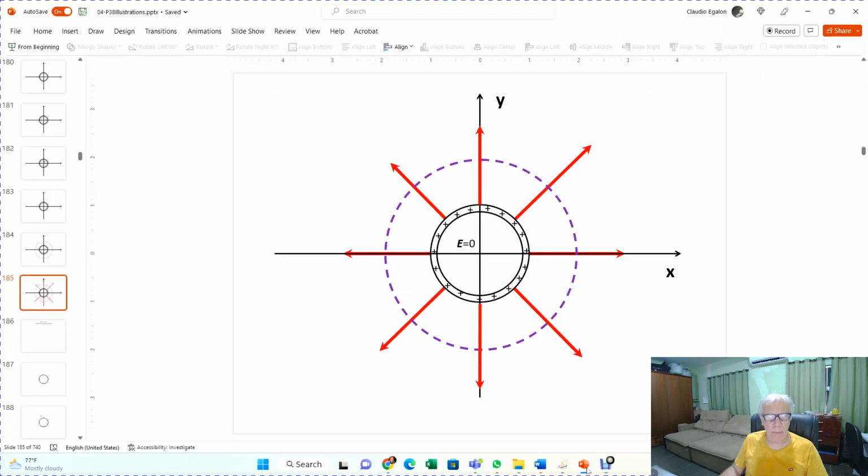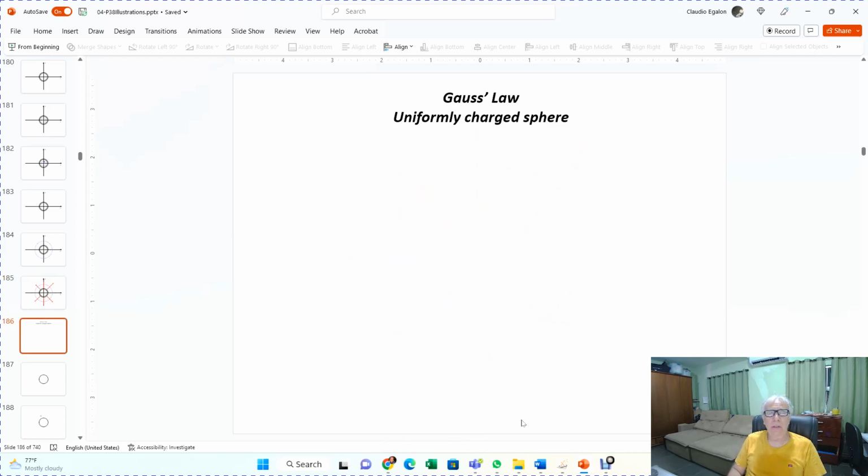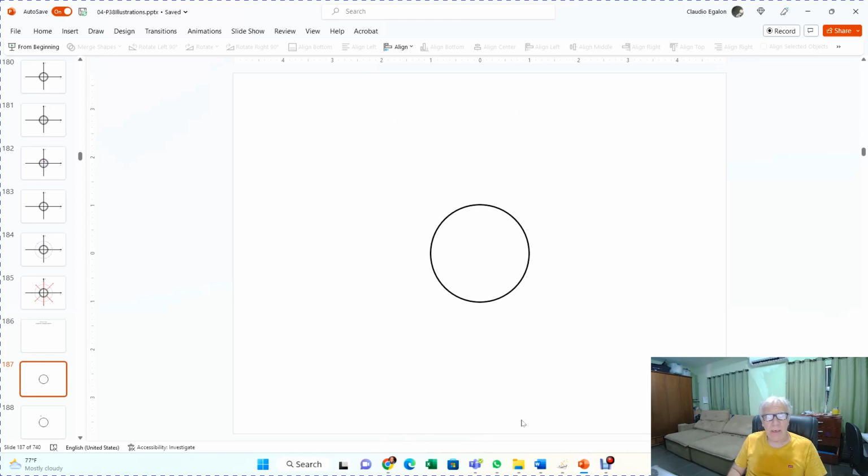Now we are going to do the case of a uniformly charged sphere. By uniformly charged, I mean the sphere is solid and it has uniform charge from the center of the sphere all the way down to its surface. Here you go. Here is a three-dimensional sphere with a net charge Q, and all the charges are uniformly distributed from the center of the sphere to its surface.